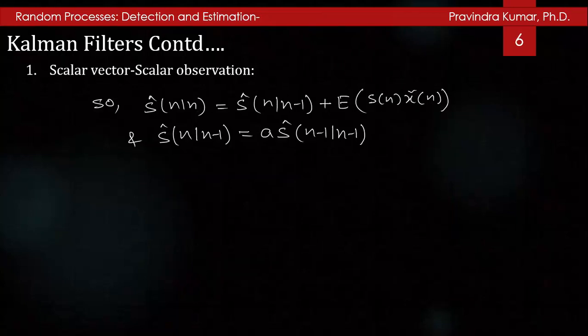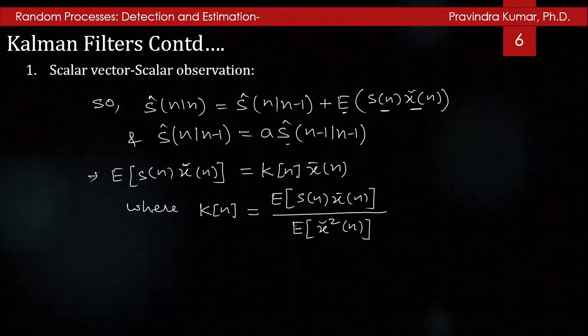So S cap n given n will be S cap n given n-1 plus the expected value of S[n] and x bar n, where S cap n given n-1 is a S cap n-1 given n-1, and the expected value of S[n] given x bar n will be Kn x bar n.